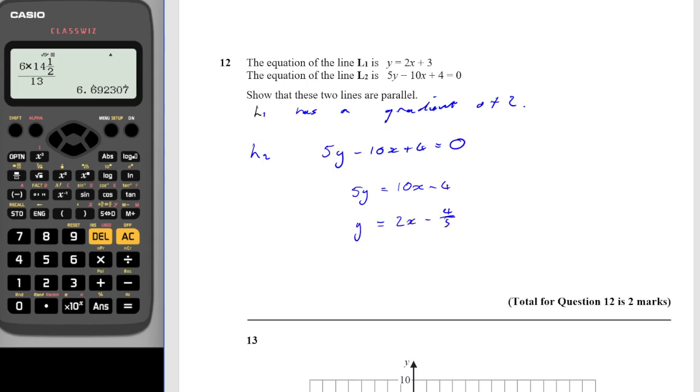So they're not the same line. L2 also has a gradient of 2. So the lines are parallel. There we go.